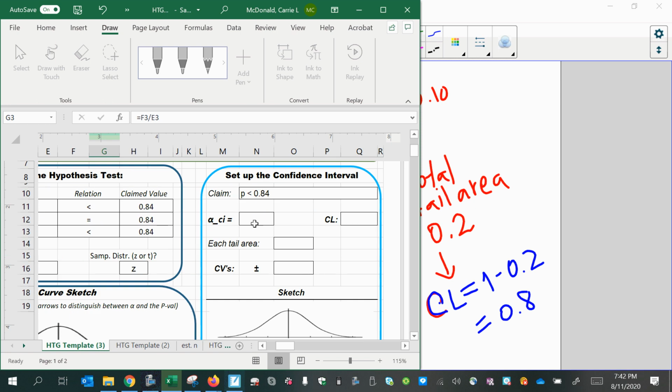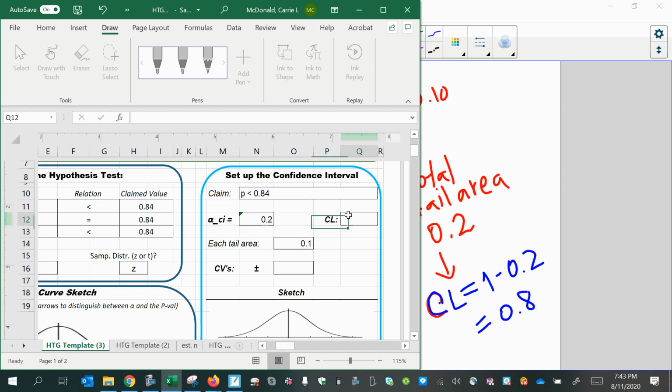So my alpha here is 0.2, which is 2 times the significance level. And that's only because I had a single-tailed test. If this had been a 2-tailed test to start with, I wouldn't need to do any doubling. It would already be a double tail. So the area in each tail is 0.1. And that's why the alpha is twice that much.